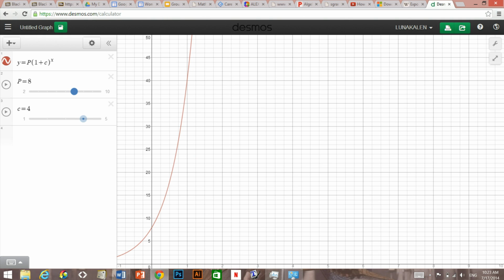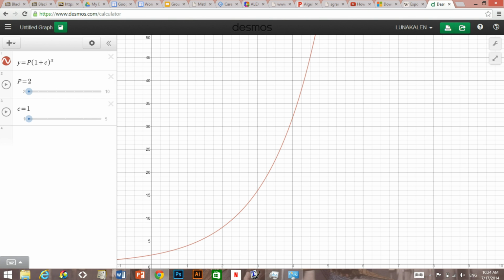And if we lower them, they tend to go more away from the y-axis, more to the right and more downward. That shows that as you increase these values, the amount will increase faster.